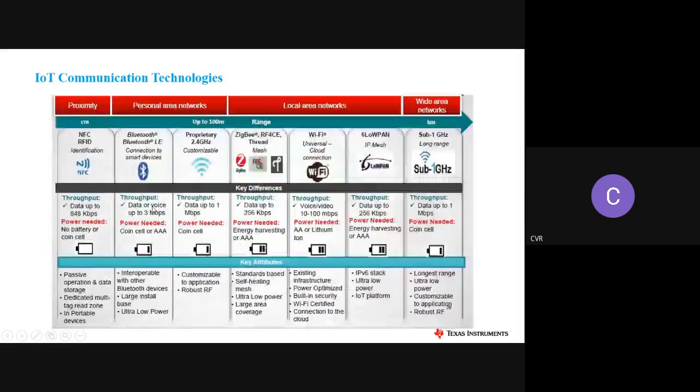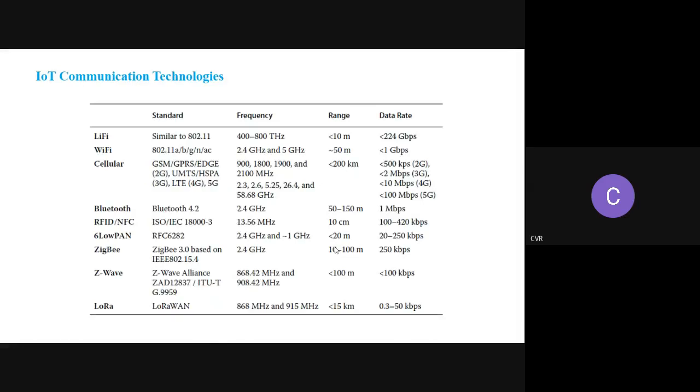So this is again a comparison, where we will be talking based on the distance you want to transmit the data, and also the data throughput and the power, because these are the important aspects you have to consider while you choose a protocol. So this is again a comparison of different protocols and their range and so on.